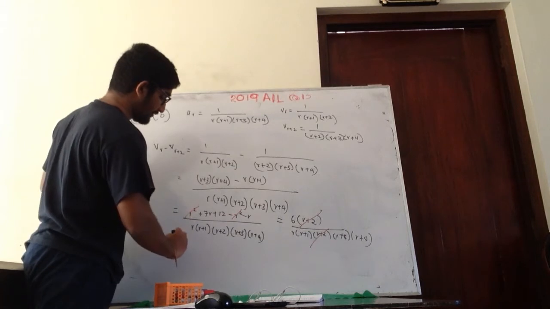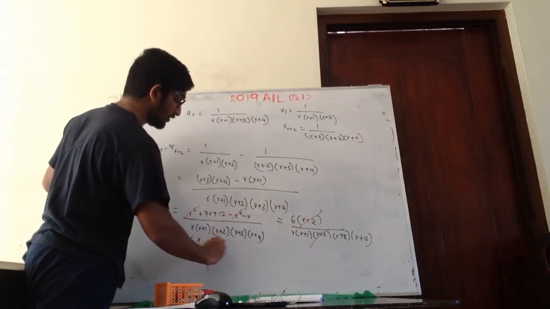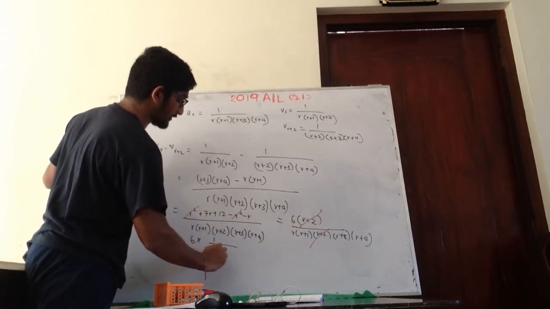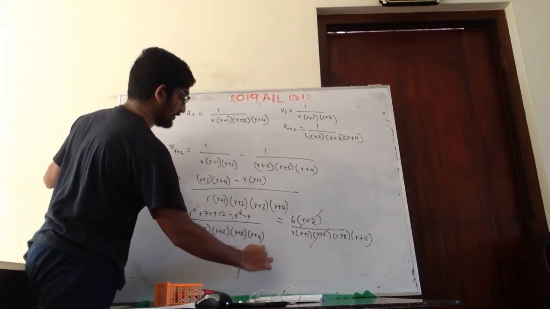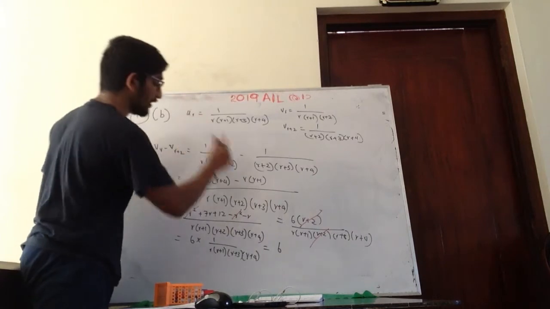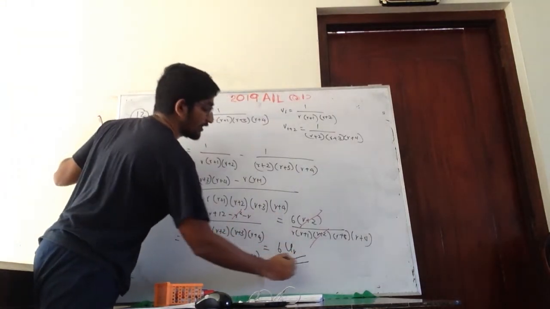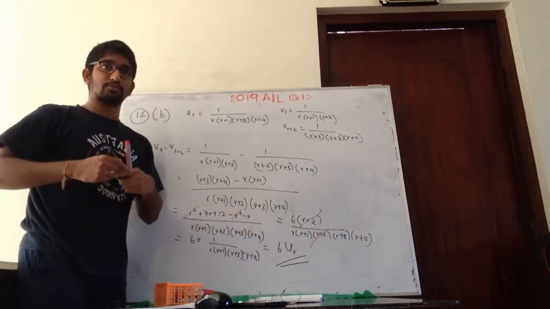Then I will be left with 6 times 1 over (R plus 1)(R plus 3)(R plus 4). This is 6 times UR. So this is what they are asking us to show.